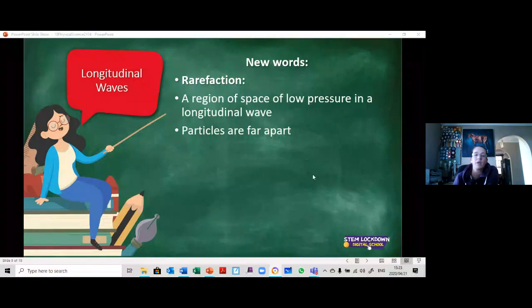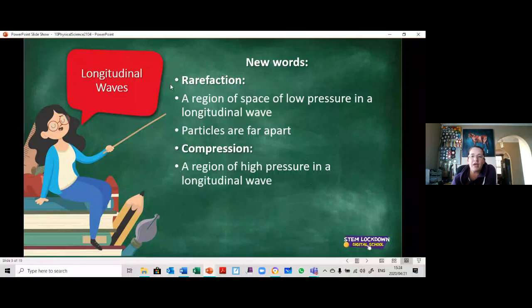Okay. Next one up is the compression. So it's the opposite of a rarefaction. A little bit like the crest was the opposite of a trough. So rarefaction and compression are the words we replaced crest and trough with when we talk about longitudinal waves.